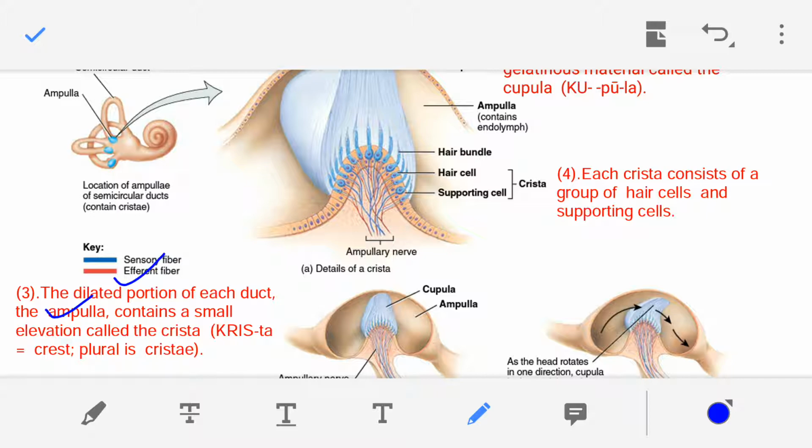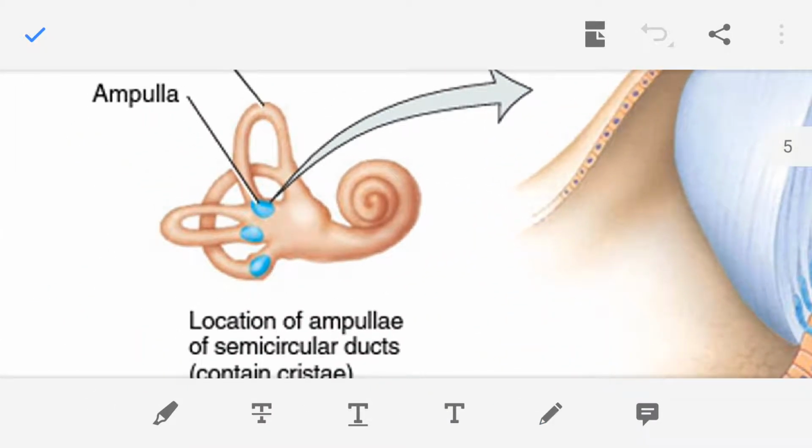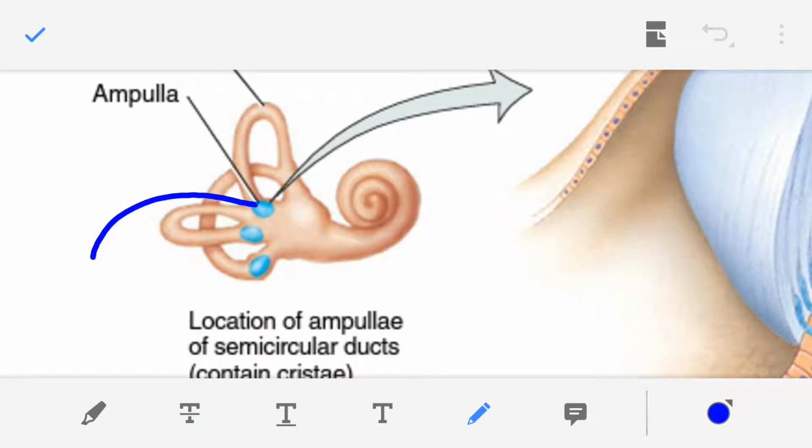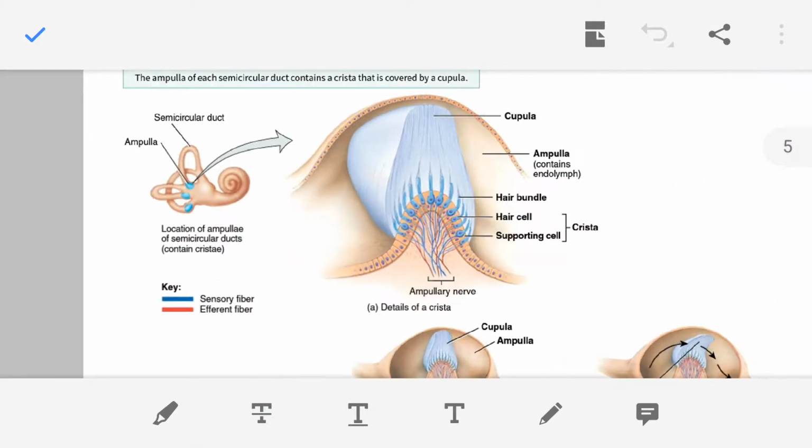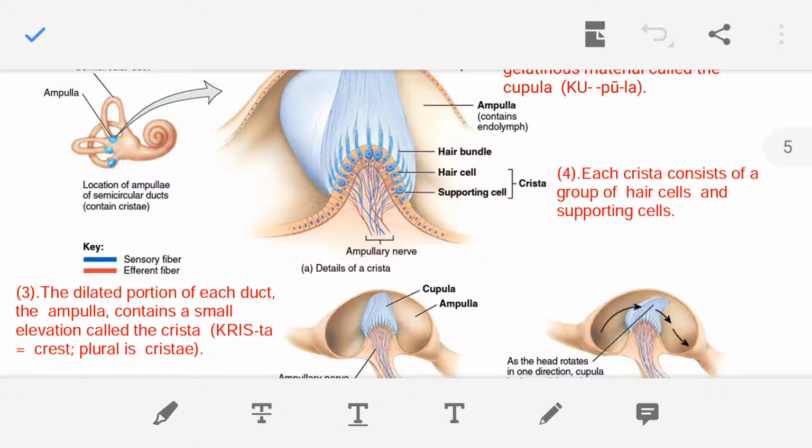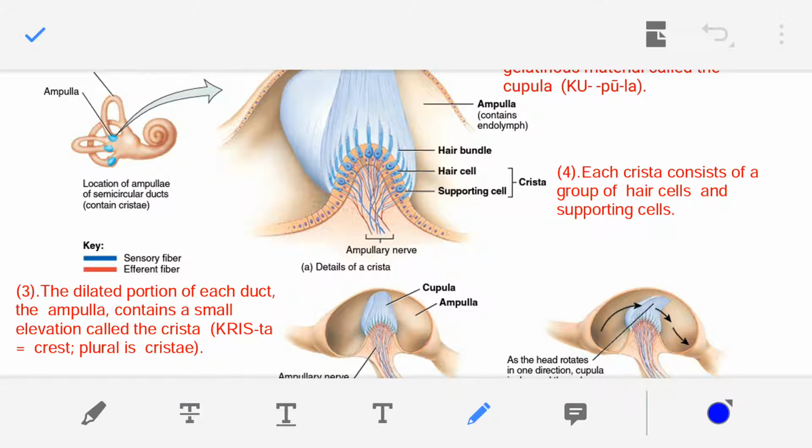So here you can see the three ducts they are showing, and the blue color portion is the dilated portion, and this dilated portion is known as the ampulla.